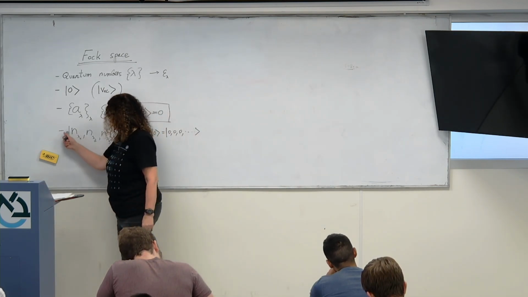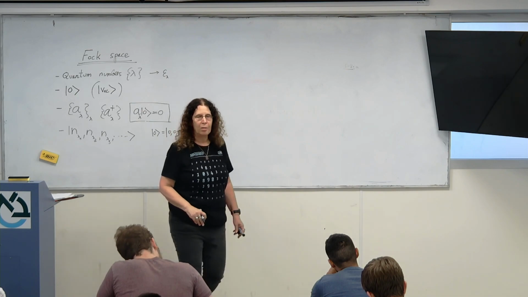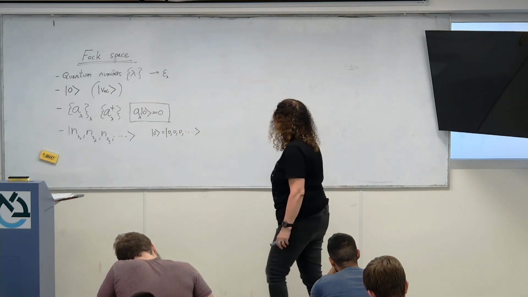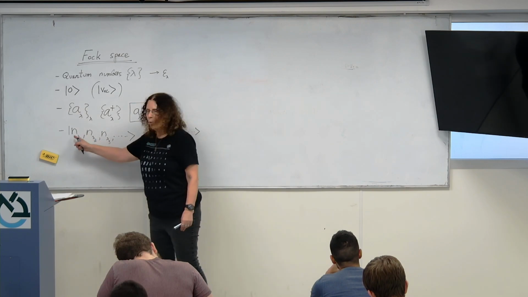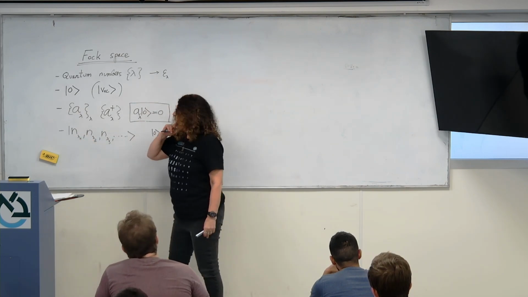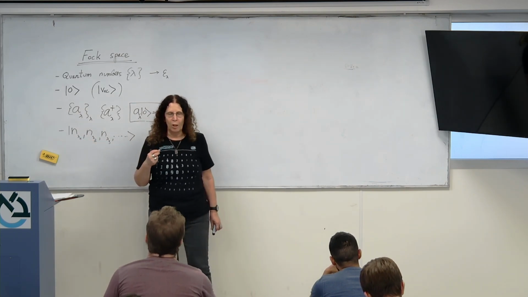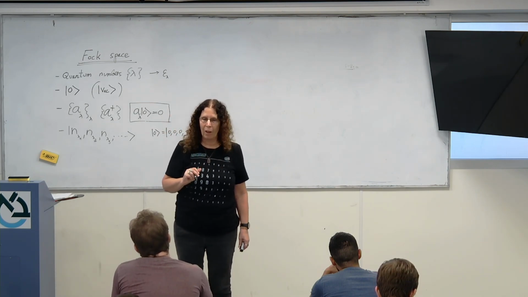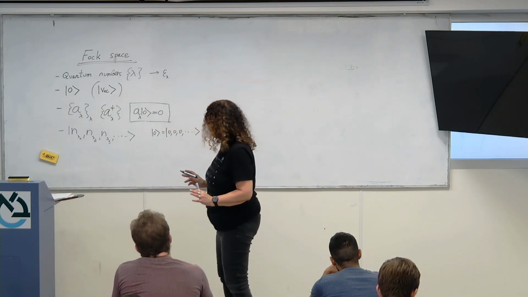So I'm claiming that in order to characterize a quantum many-body state with well-defined number of particles, the information you need is only how many are in each lambda. Okay? That defines it completely.